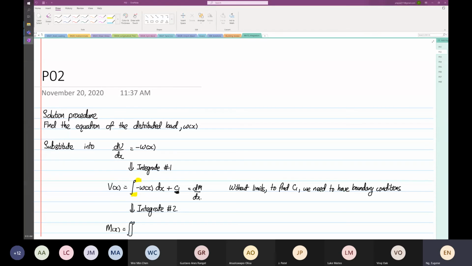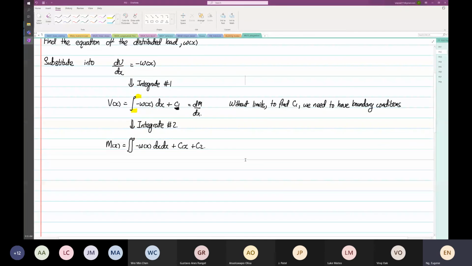You integrate twice, minus omega x dx dx, plus C1 x plus C2. What you realize is we bypass the need to find the distance of where the equivalent load is acting. We just need to integrate. That is the power of this technique.